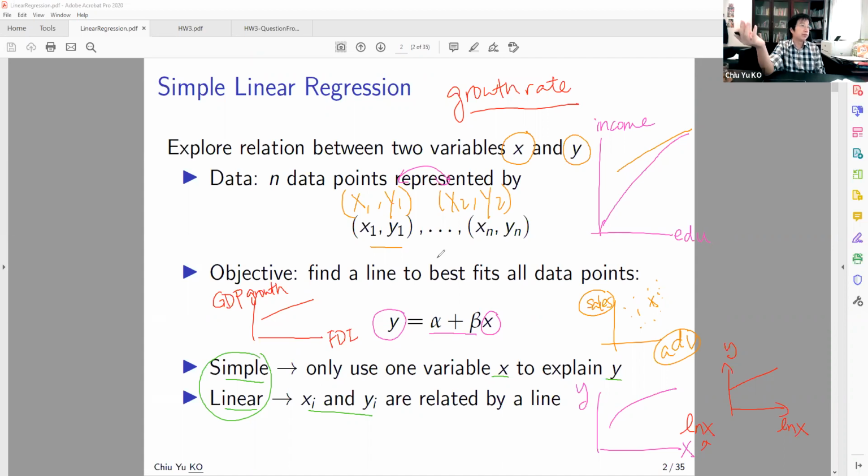Suppose you're looking at the choice of transportation, whether you go to school by train, by bus, by taxi, by many options, but there's no clear order. So it's no longer a number, right? In those cases you can still use regression to explain, but that would be more advanced.